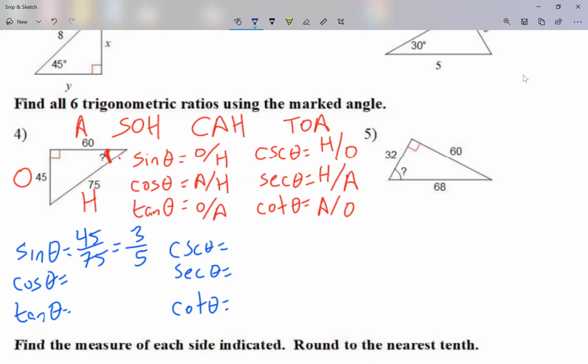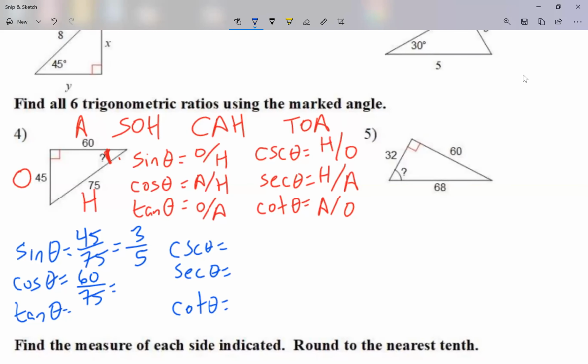If it says simplify, simplify. Your homework on EDIA will actually recognize it not simplified. Again, if it says simplify, you will have to simplify. So 45 over 75 or 3 over 5, it's the same thing. It's just that one of them is simplified. Now my cosine is adjacent over hypotenuse, so 60 over 75.